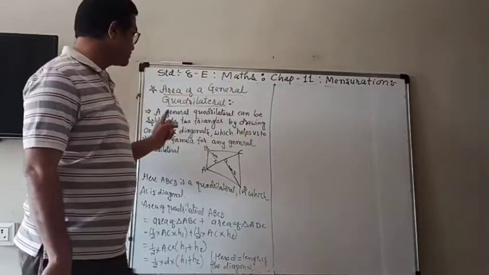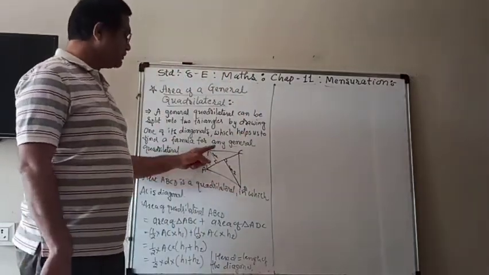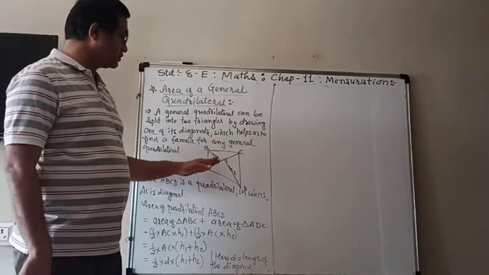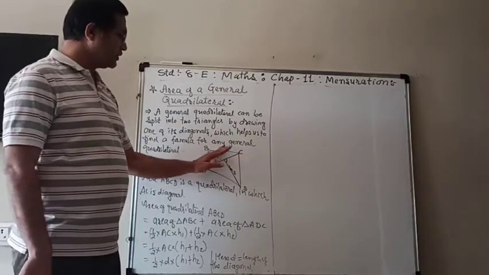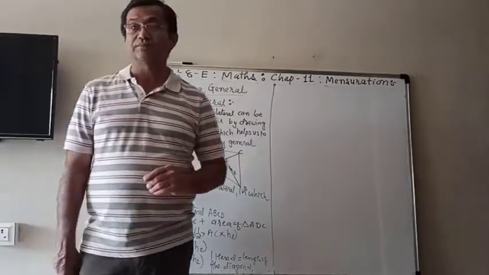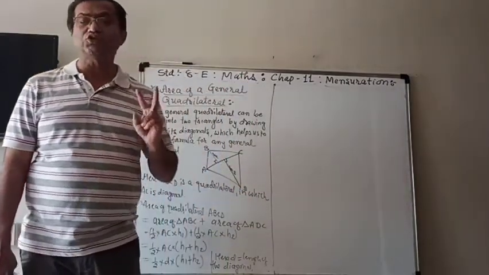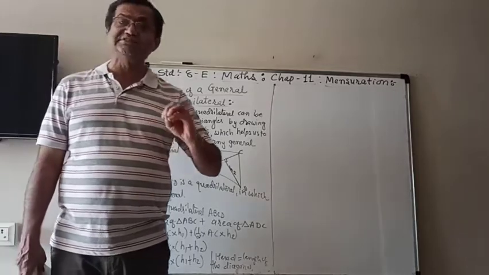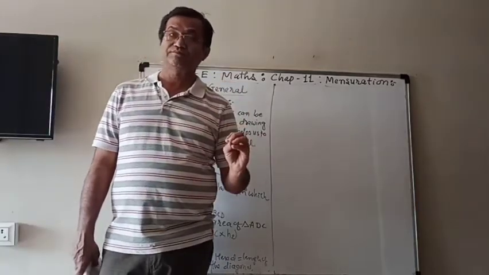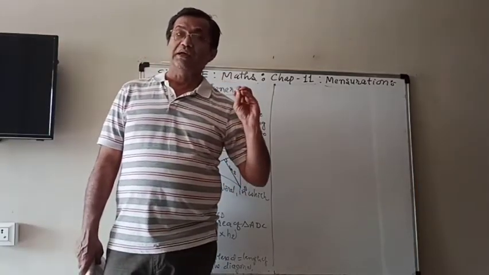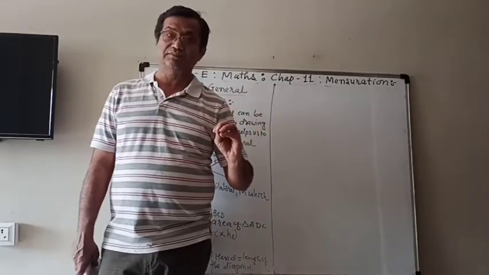Look here, when we have a quadrilateral and we join that diagonal, then two triangles are made. So by splitting them into two triangles, it is easier to find the formula for any general quadrilateral.